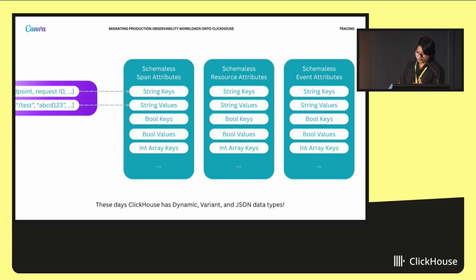We then create these pairs for each type that we want to support: strings, bools, int arrays, whatever you want to support. Converting these back into objects is then really simple because of built-in ClickHouse functions such as mapFromArrays. These days, though, you probably don't need to deal with this because we now have Dynamic, Variant, and JSON data types. That really caters to the schemaless use cases, especially for observability.